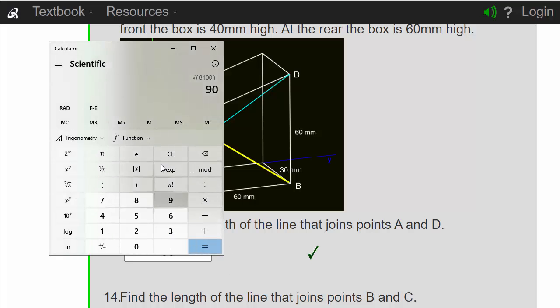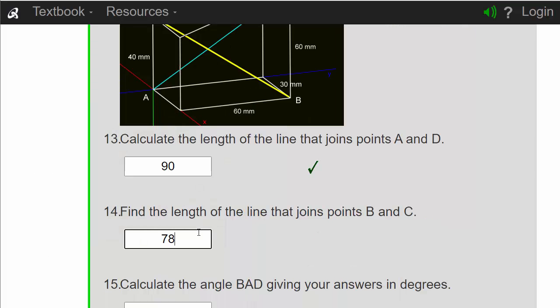So we'll clear this answer and we're going to get memory recall, which is the diagonal squared, plus 40 squared equals, and then we want the square root of that, which is going to be 78.1. So 78.1, and are we right? Yes, we are.